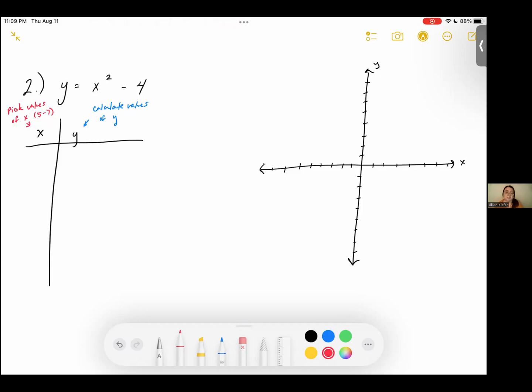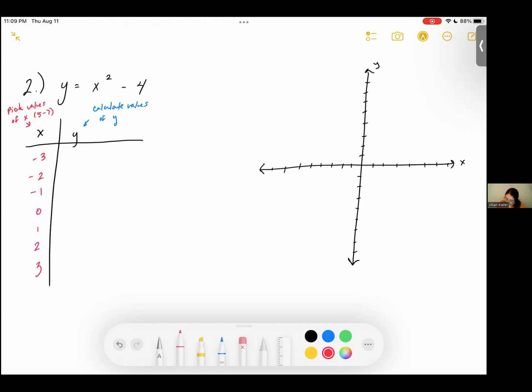This is a pretty generic spread of numbers that I typically choose for really any type of equation, but you can pick any spread of numbers that you like. So we're going to have -3, -2, -1, 0, 1, 2, and 3. These are all the x values we want to calculate y for.